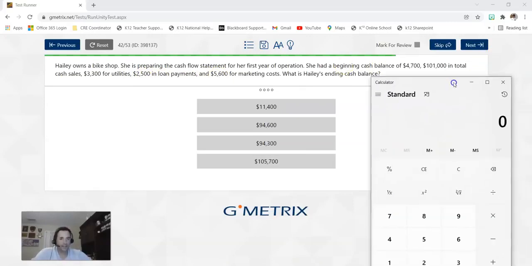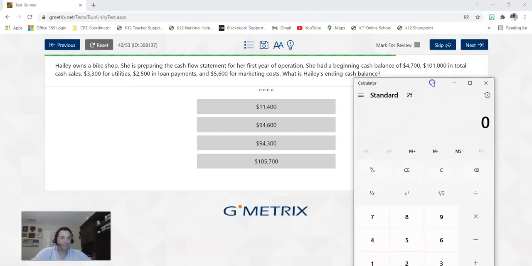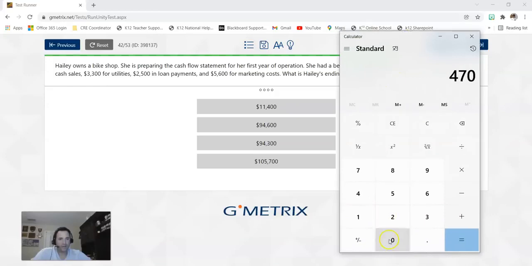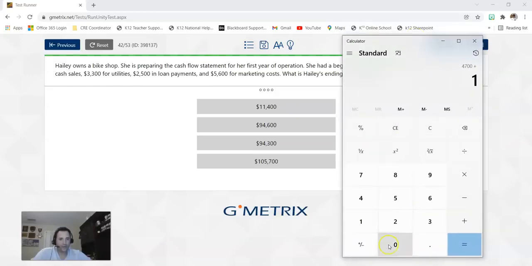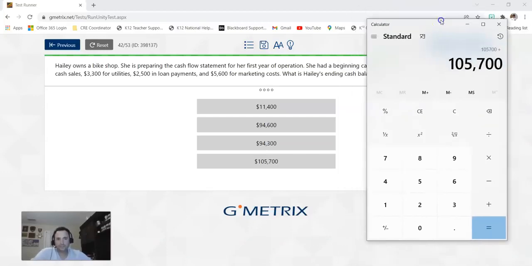All right, again, two-part question. First, we must add up her cash and her cash sales. So $4,700 plus $101,000, which gives us $105,700.